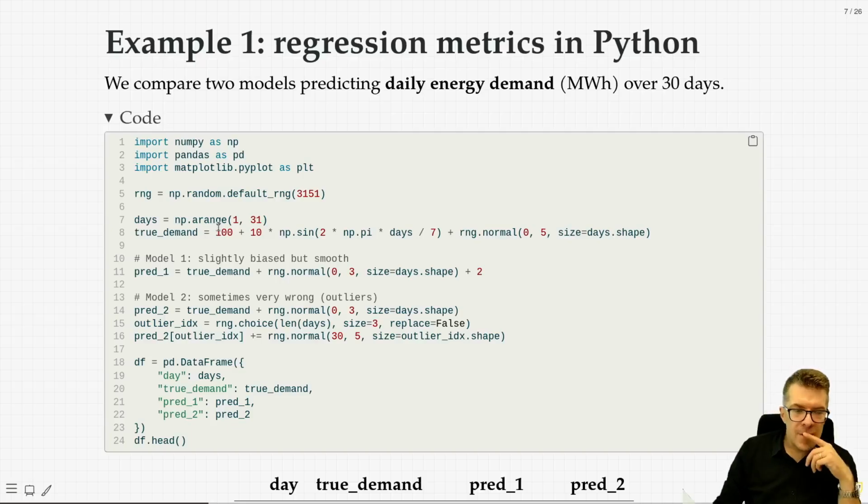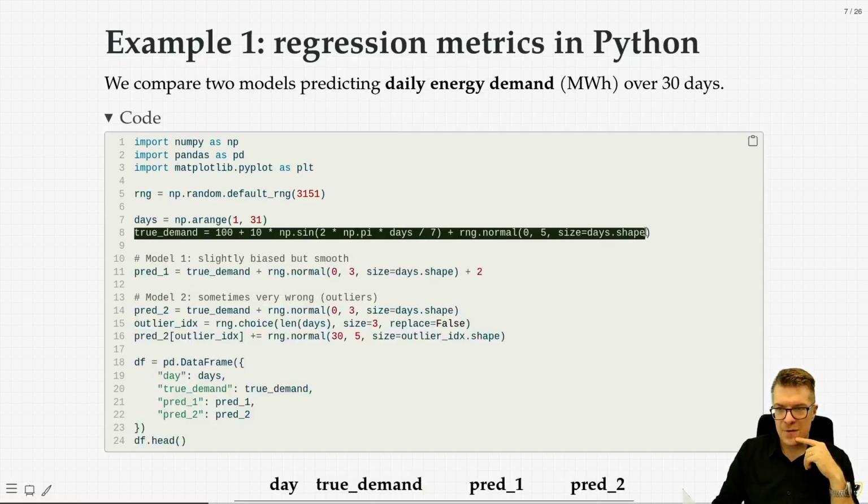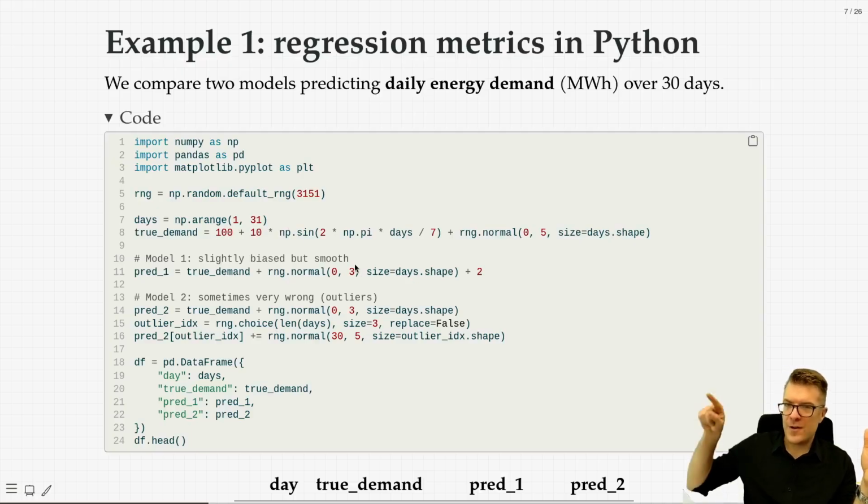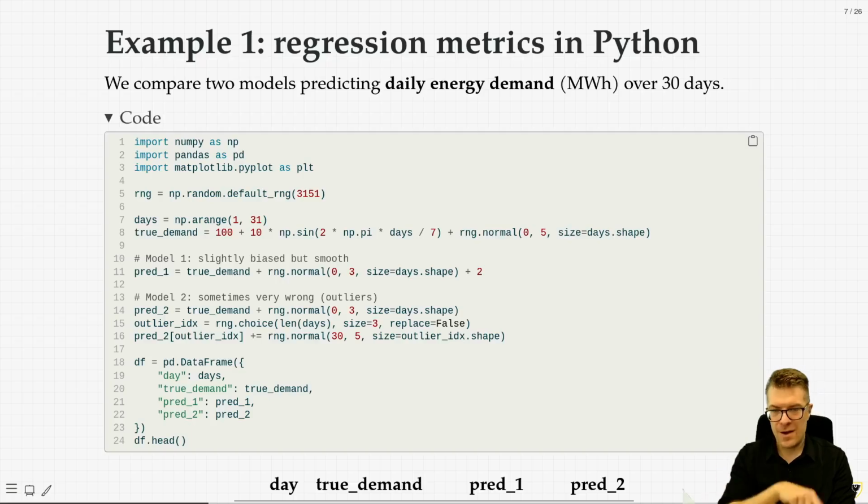Here we're designing things ourselves just for the example. So here we have an actual true demand, and we've modeled it as a sine wave. You've probably seen energy demand. Energy demand rises during the day and it falls during the night when everyone's asleep, in a sine wave sort of pattern, which we have over here.